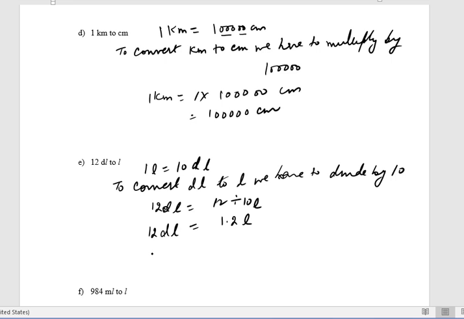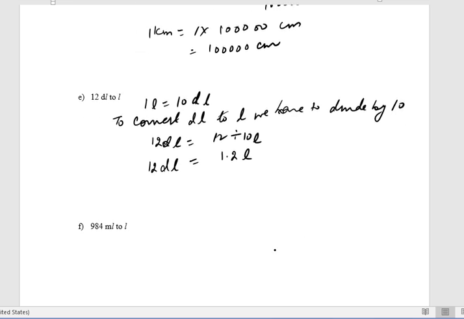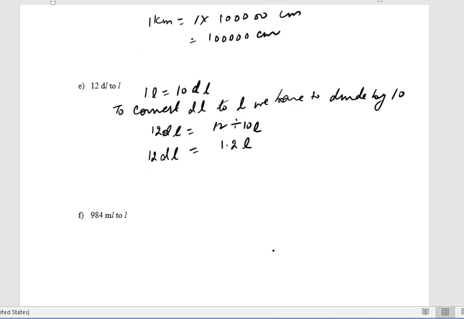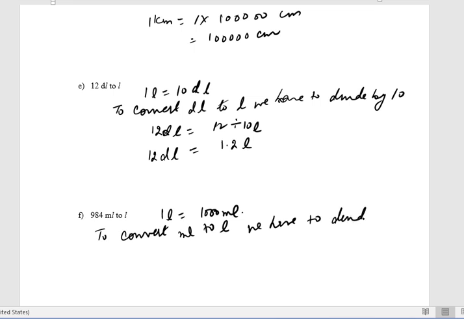The next one, F part, is 984 milliliters to liters. We know that 1 liter equals 1000 milliliters. So to convert milliliter to liter, we have to divide by 1000.